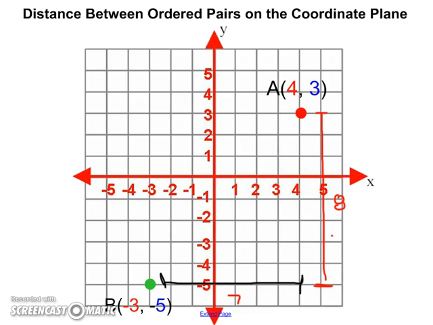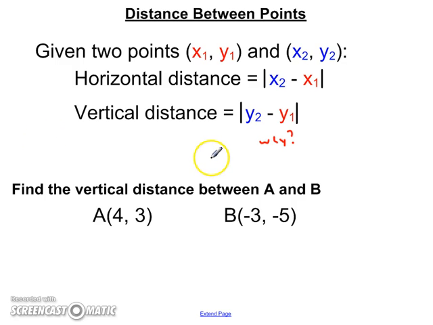But let's prove it using our formula. Let's pretend that we don't have the graph. This is my first y coordinate. This is my second y coordinate, y sub 2. I am told to take your second y coordinate, -5, and subtract your first y coordinate, which is 3, and take their absolute value.